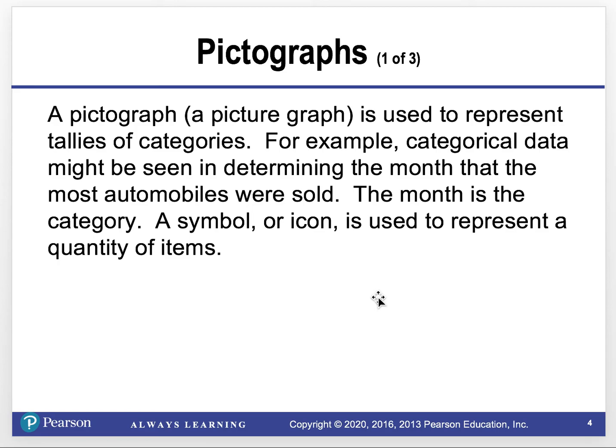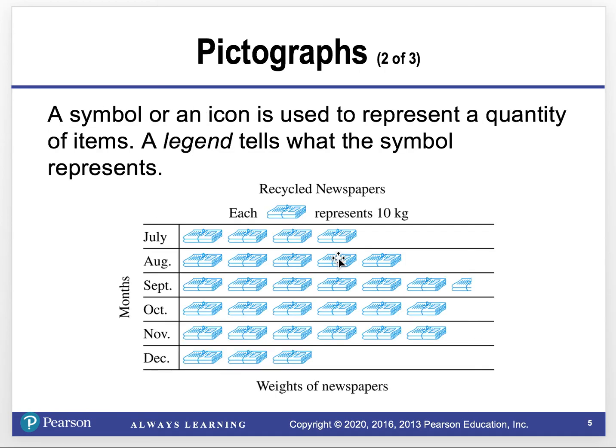All right, so the first one we're going to talk about is a pictograph. So that's simply put a picture graph, and it's used to represent tallies of categories. For example, categorical data might be seen in determining the month that the most automobiles were sold. The month is the category, and you use a symbol or an icon to represent the quantity of items.